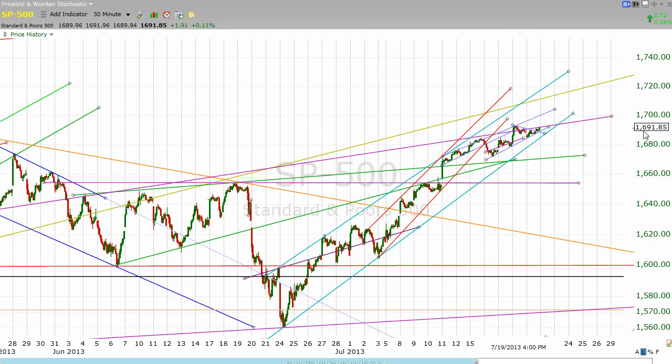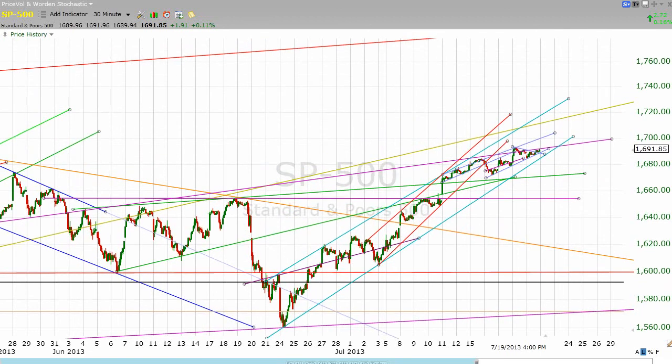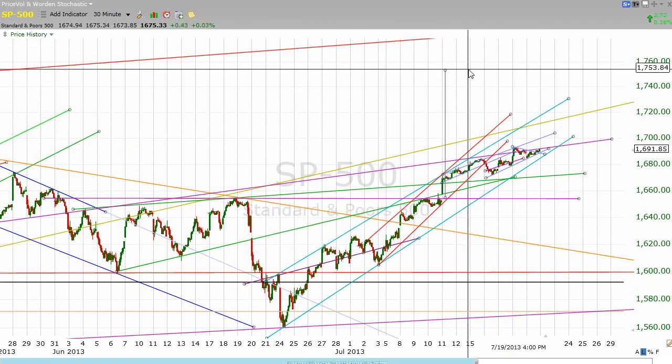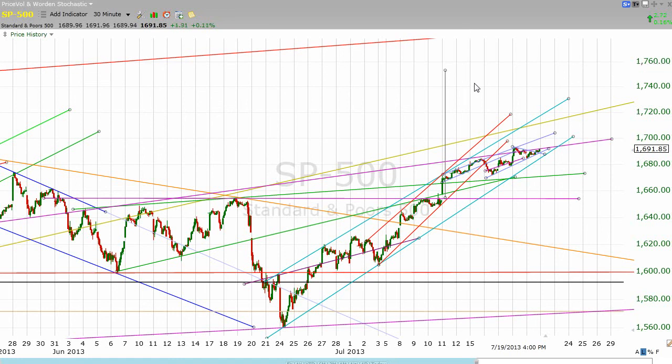And I'll remind you too that if that pattern had completed and really satisfied the requirements for calling it an inverted head and shoulders pattern, we would be looking at a target of about 1753, 1754. And it could be that this pattern just had a premature breakout.